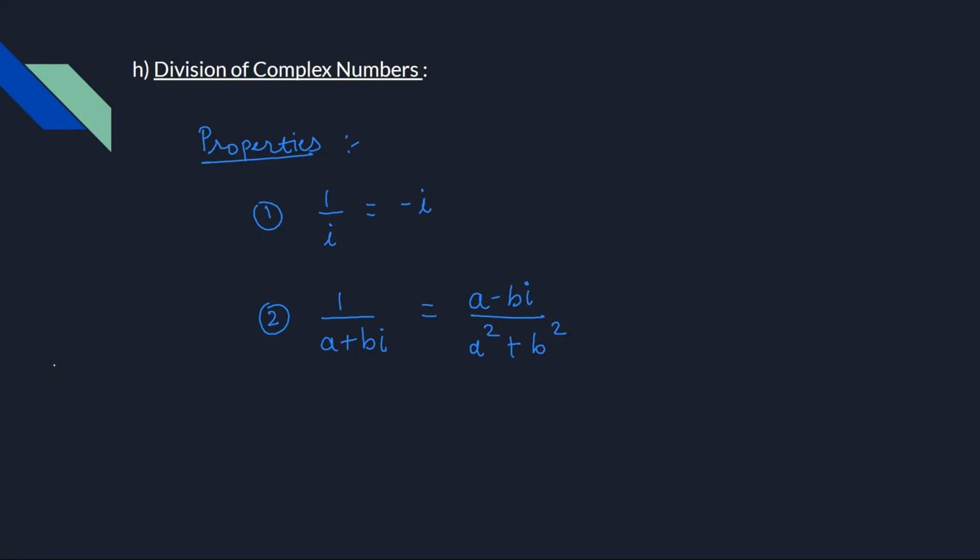So these are two properties of division of complex numbers. This would be helpful to you in competitive exams. So I hope you have understood algebra of complex numbers till here. Now let's move on to a few examples related to complex numbers and algebra of complex numbers.